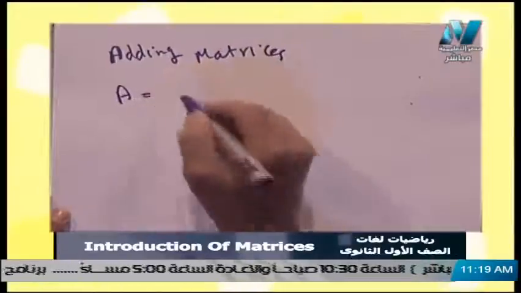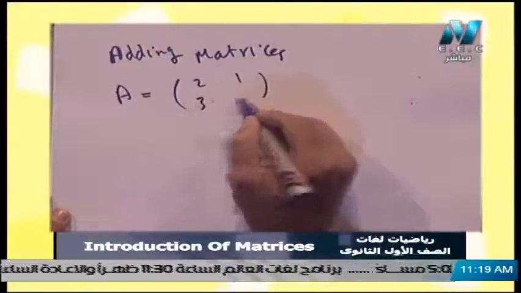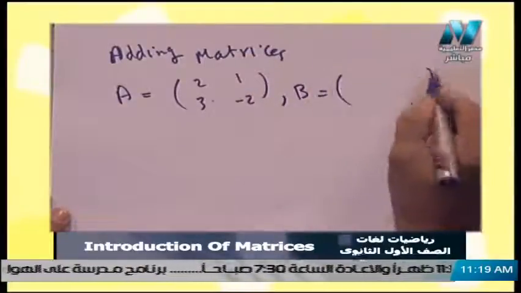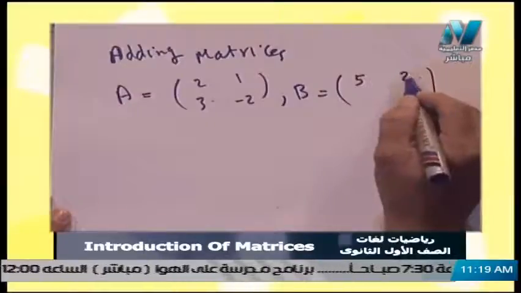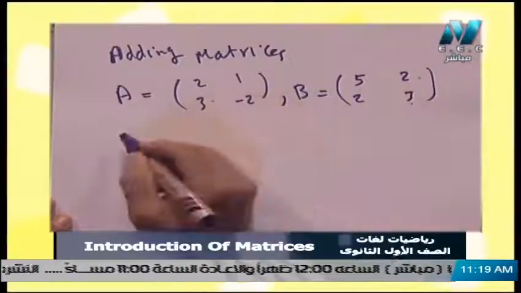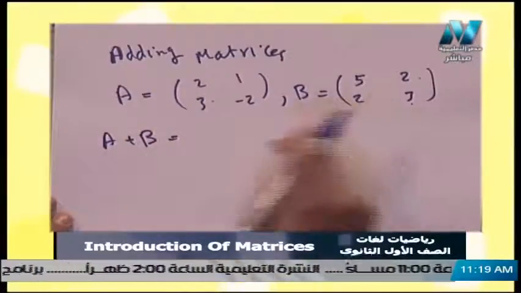If we have matrix A like that, 2, 1, 3, -2, and another matrix B, 5, 2, 2, and 3, and we would like to find out A plus B. A plus B means adding the two matrices.